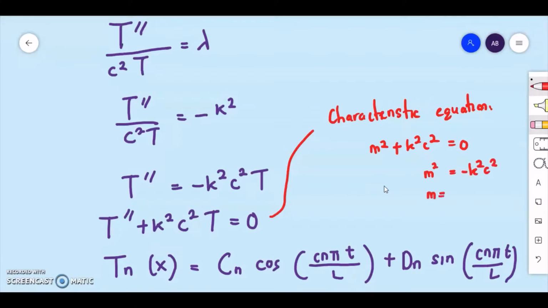So m will give me plus minus i, taking the square root, you have a negative 1, which is i, and then kc. Now we have shown earlier that my kappa, I mean, it looks like k, we already obtained as n pi over L. So that's why I'm writing it as c n pi over L. And this is involving t here, not x.